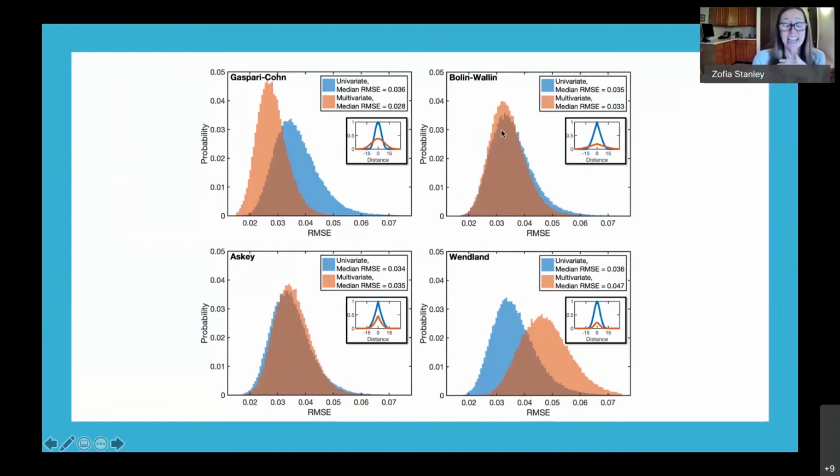The univariate histograms, maybe you can convince yourself, and it is actually true that they're all quite similar, which makes sense because all the univariate functions actually look pretty similar with such a small localization radius. And so what we're seeing is that not only is multivariate Gaspari-Cohn doing better than univariate Gaspari-Cohn, it's doing better than any of the other 7 localization functions that we are testing against.